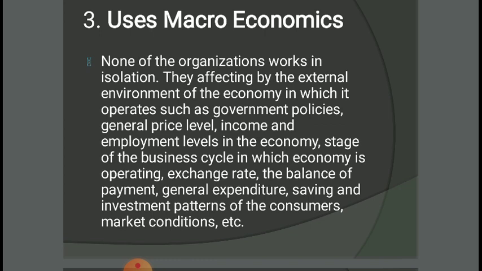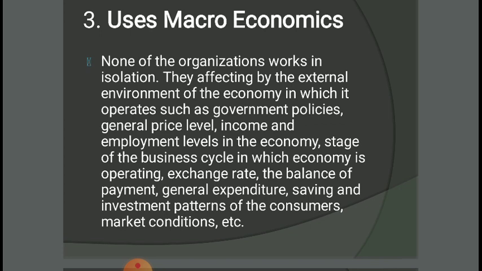Secondly, general price level. The general price level decides the level of inflation in the economy. If inflation is too high, then the real income of consumers will decrease and demand for our product will also decrease. Next is income and employment level in an economy.